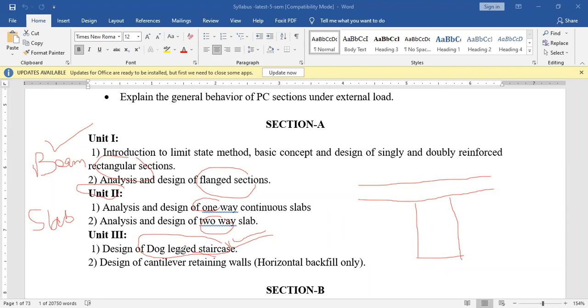And then the design of the cantilever retaining wall. So we know the retaining wall.